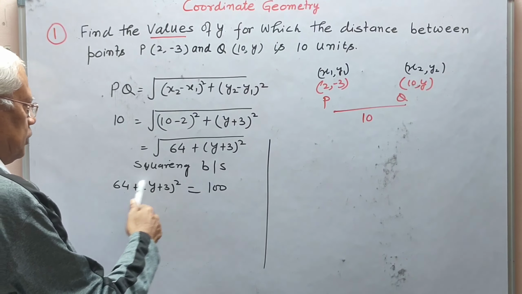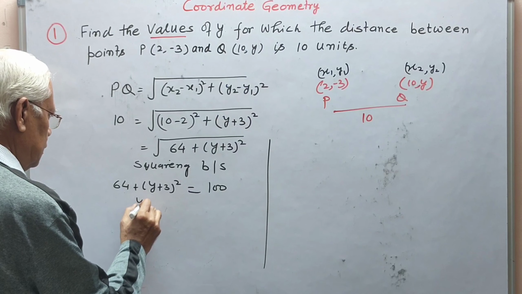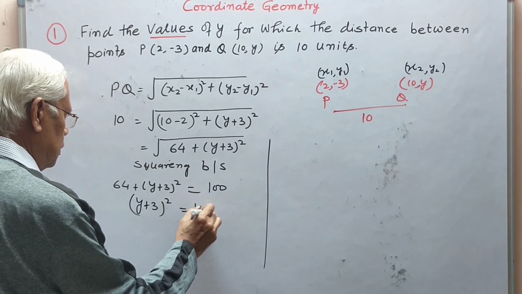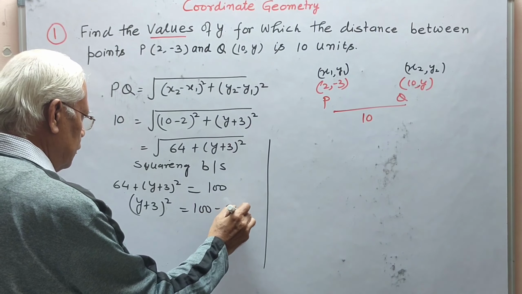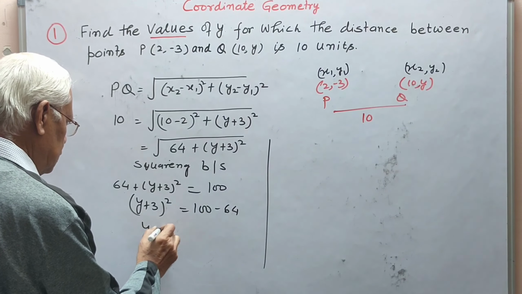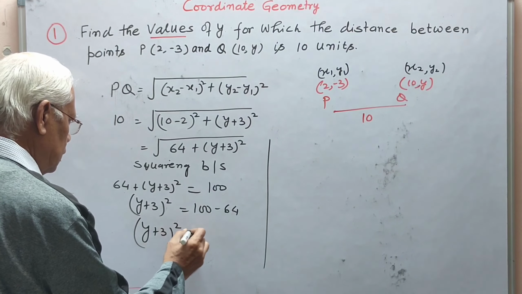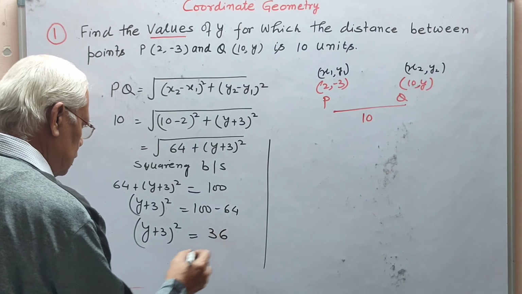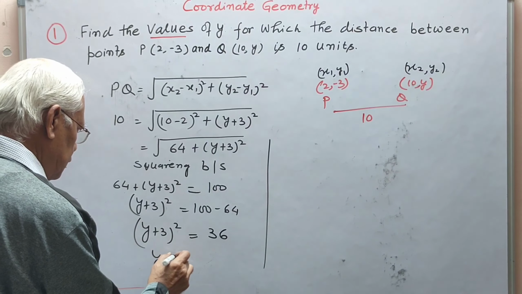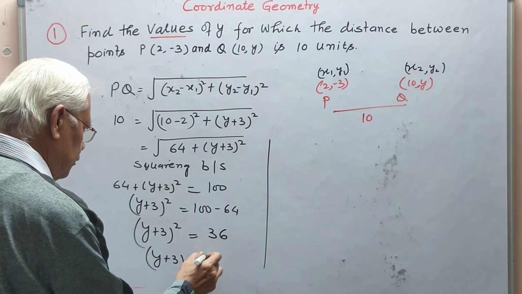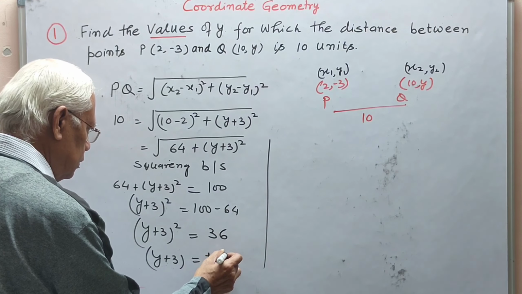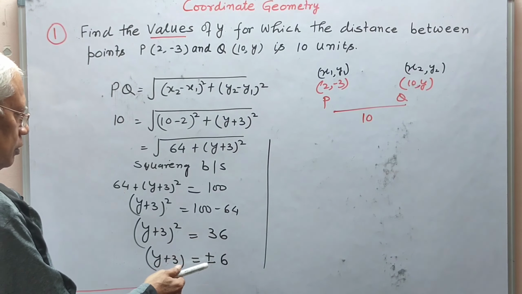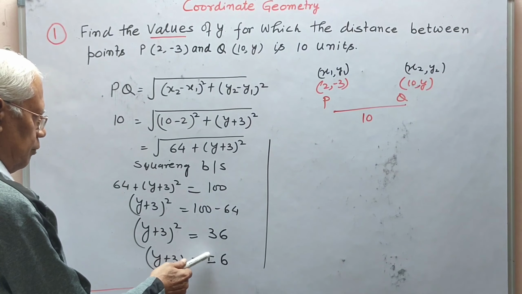Now transferring 64 to the right side, (y plus 3) whole square is equal to 100 minus 64, which is 36. So y plus 3 is equal to plus minus 6. If you take the square root of any number, you have to write plus minus.